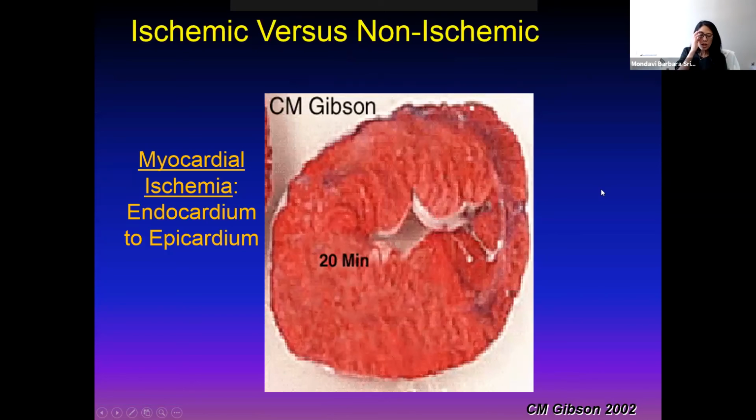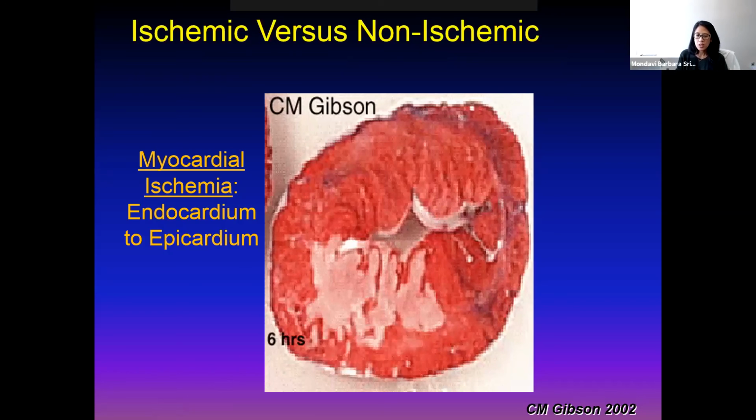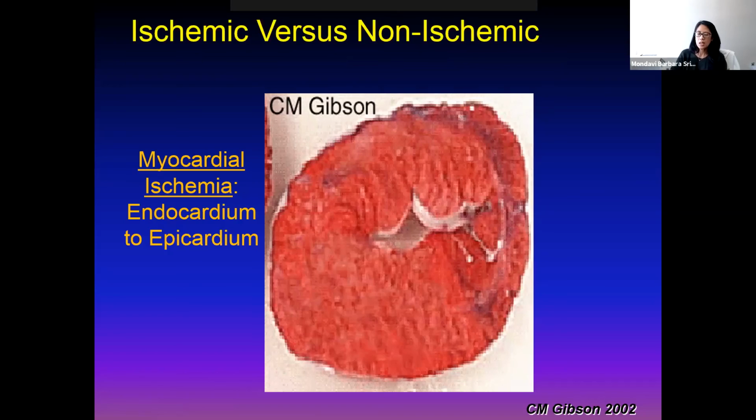We also look at the patterns of the enhancement to determine whether a patient has underlying ischemic versus non-ischemic disease. Ischemia usually affects the endocardium and then bridges out to the epicardium. Non-ischemic etiologies can affect almost any part. It doesn't have to follow this pattern.